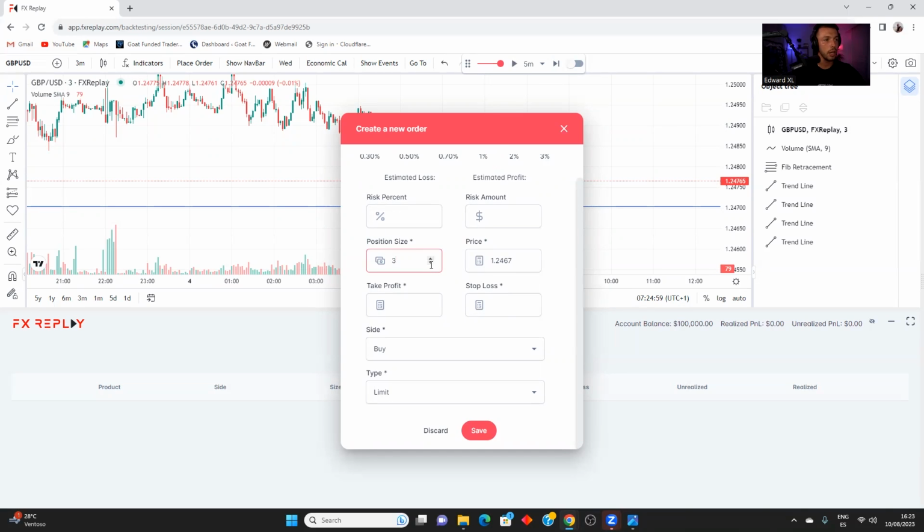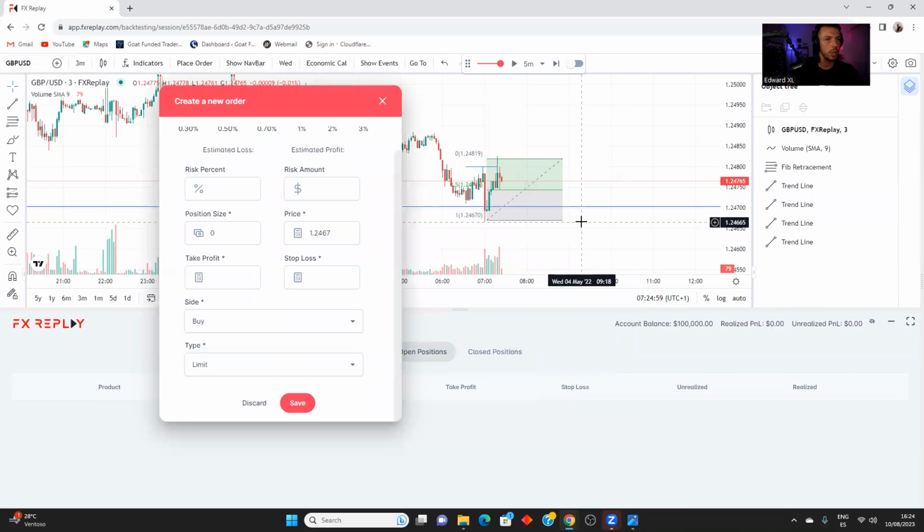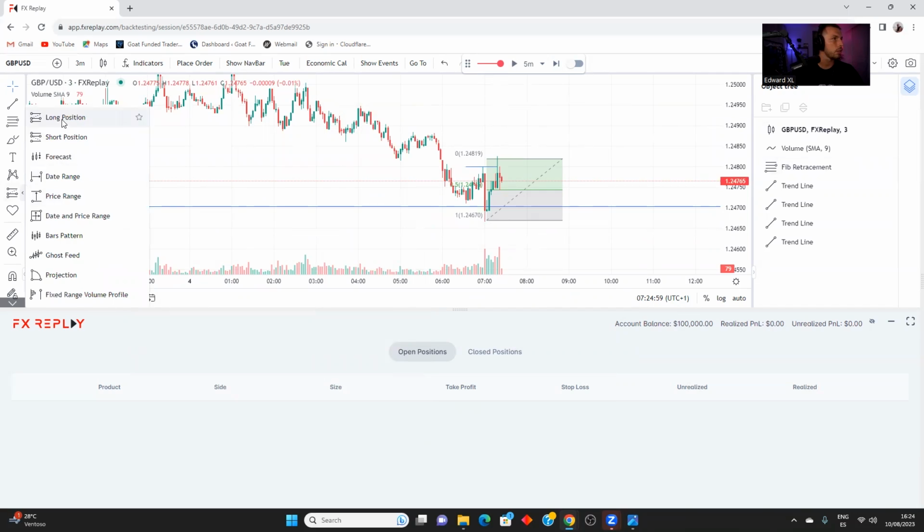Okay, I have no idea how to do this because I've never done it, but let's see. Stop loss 1.2466, just below this. Entry. Is there an easier way to do this?